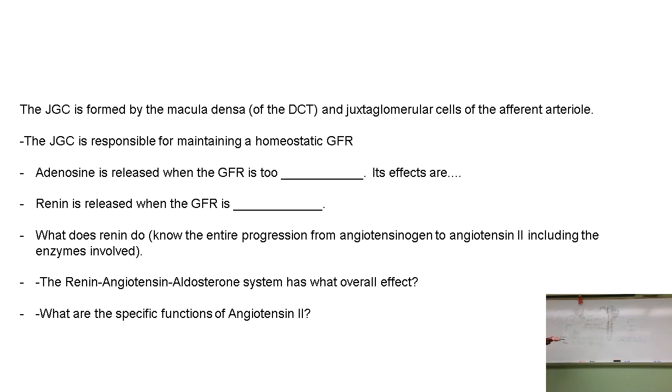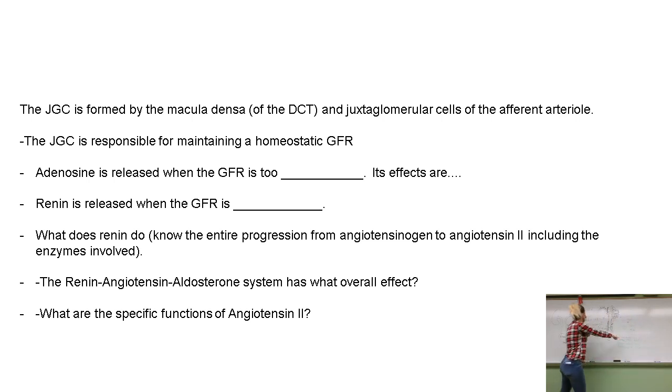So angiotensin 2 has a ton of actions in the body, right? It causes a ton of systemic vasoconstriction, and you guys know that vasoconstriction increases blood pressure. Angiotensin 2 causes the release of aldosterone and ADH.